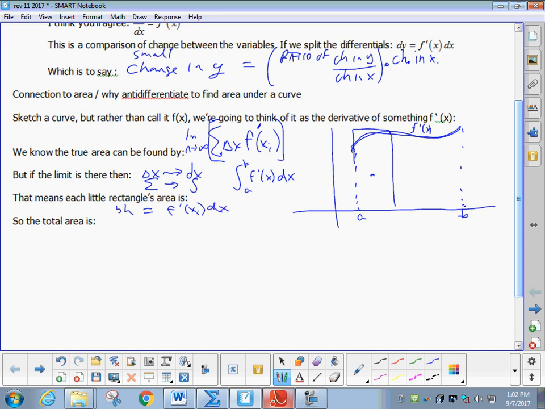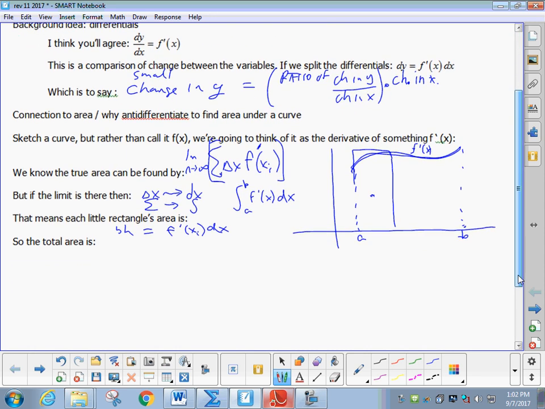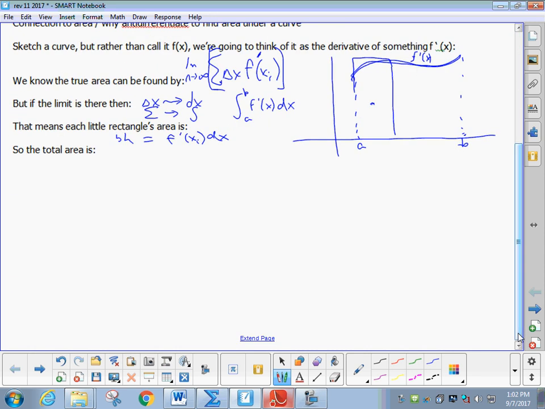The derivative, the rate of change times a small change in x. That looks familiar. When you take the rate of change times a small change in x, that gives you a small change in y. Small change in y, dy.